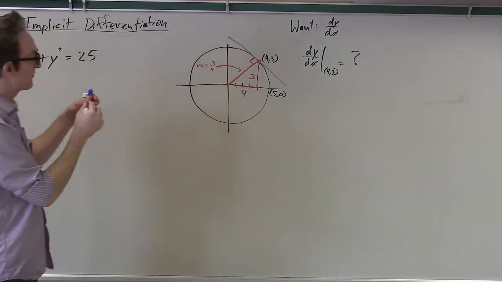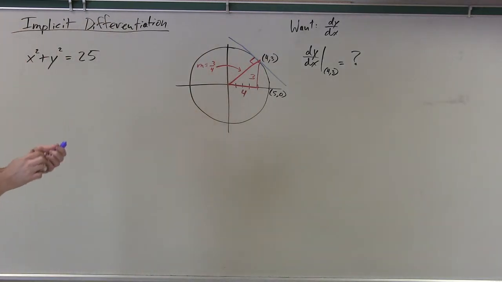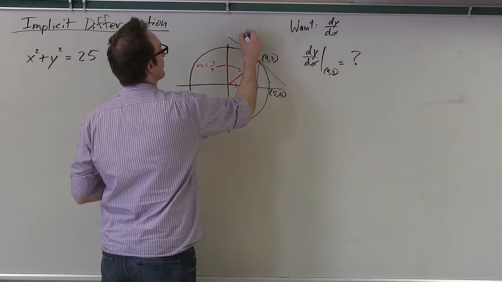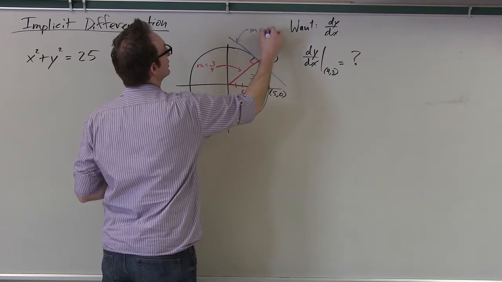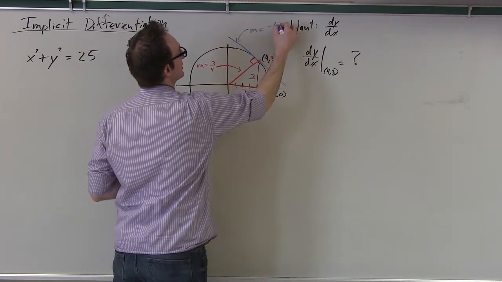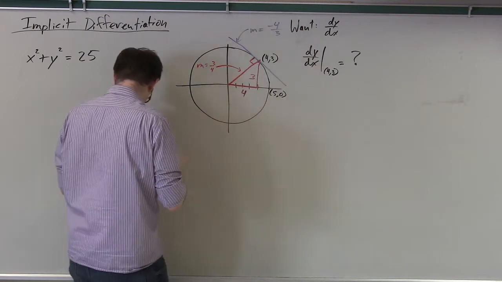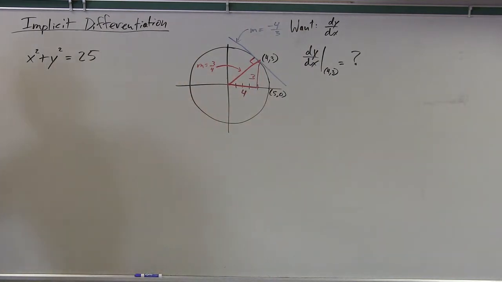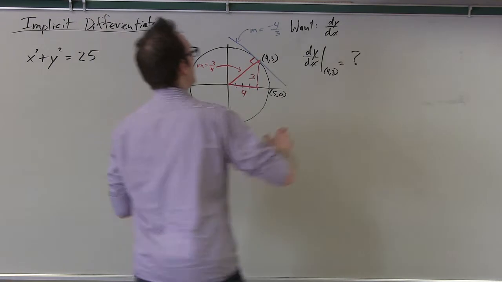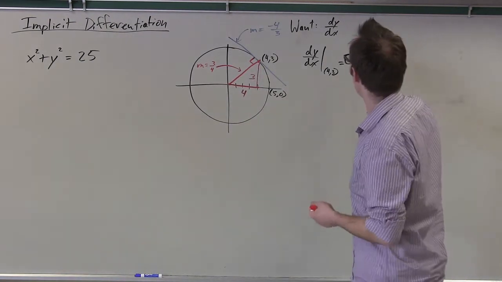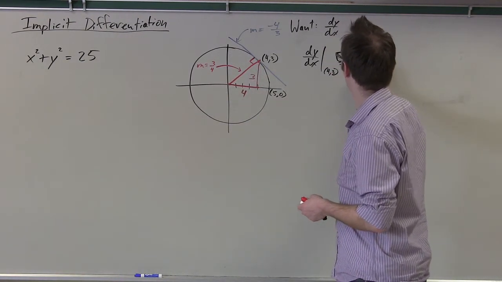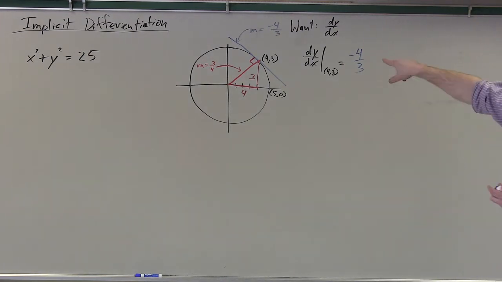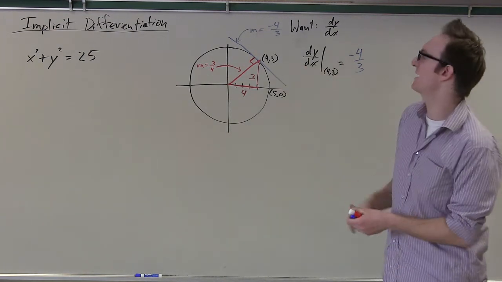So if the slope of that radius is 3/4, then by algebra 1, the slope of the blue line must be the negative reciprocal. It must be negative 4/3. Okay, so I already think that the answer to this question is negative 4/3, that the slope of the tangent line to this curve is going to be negative 4/3.